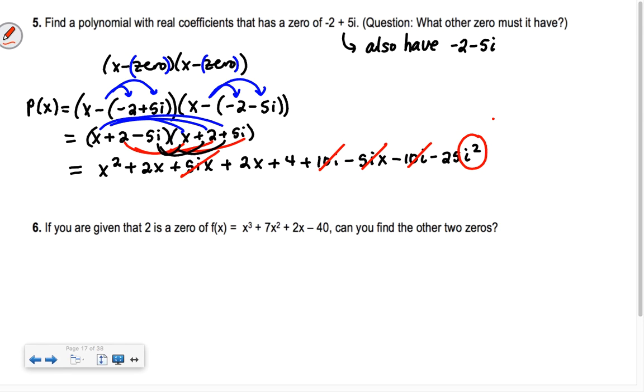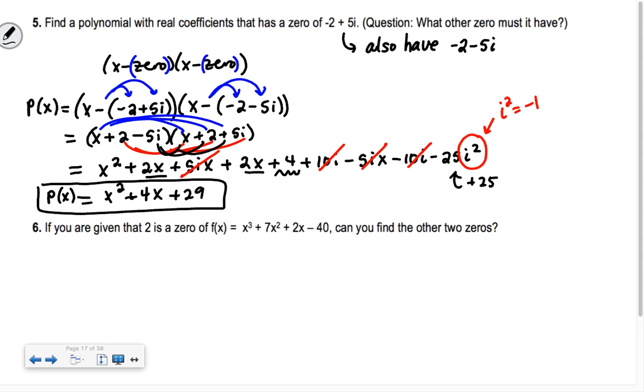But what is i squared? -1, right? So when we combine, we have x squared. 2x and 2x make 4x. We have 4. And what do we get when we do -25 times -1? This is all plus 25, right? So we're going to have 4 plus 25, so we get plus 29. That is our polynomial.